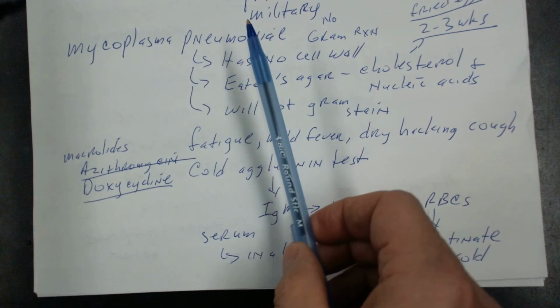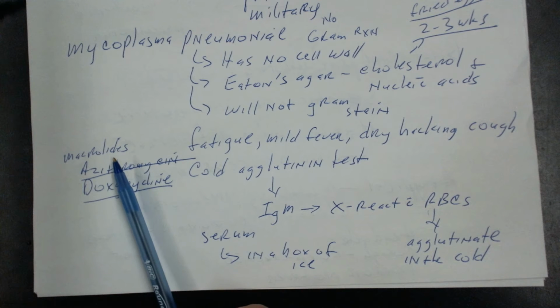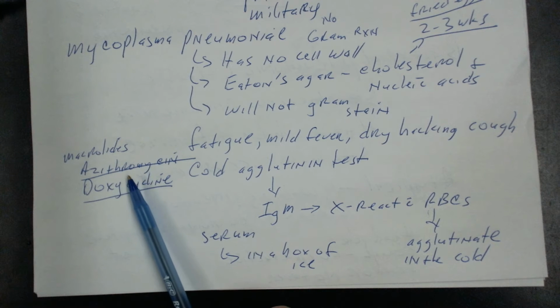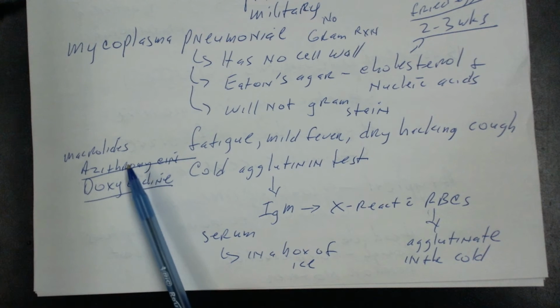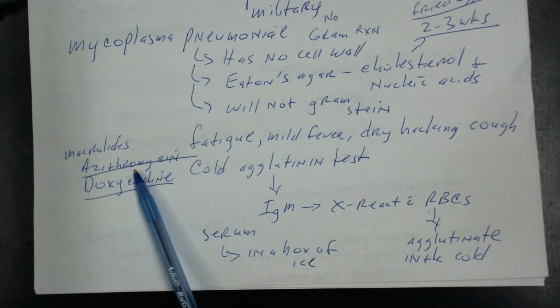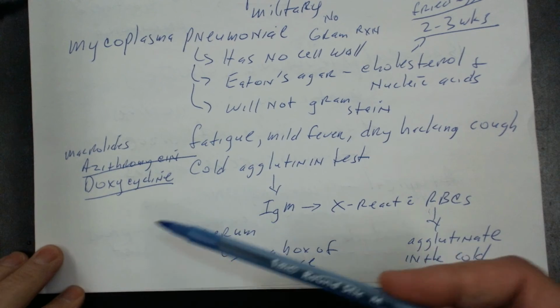Treatment of Mycoplasma pneumoniae is with macrolides, usually a Z-Pak, 500 milligrams of azithromycin the first day, 250 the next 4 days, so 5 days total treatment, or doxycycline, 100 milligrams BID, usually for 7 to 10 days. We'll clear this up.